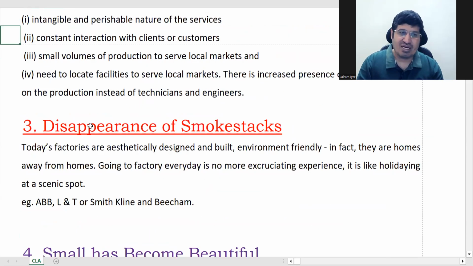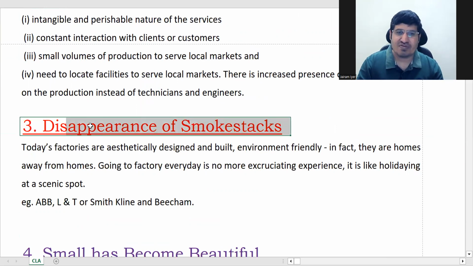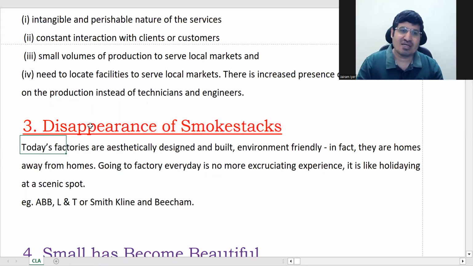Then one more characteristic is the disappearance of smokestacks. Earlier, whenever I thought of a factory when I was young, I always thought of some smoky place where the boiler is giving out smoke, the chimney is giving out smoke, some black things here and there. Maybe you also. But nowadays, if you go to newer factories, it is like a scenic place. This is one of the characteristics of modern operating functions.